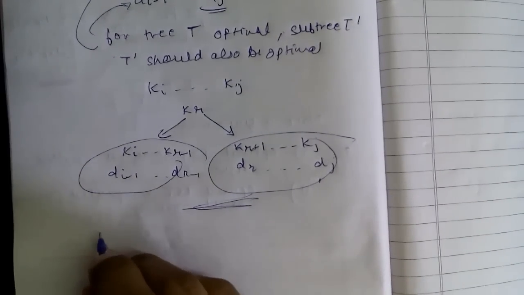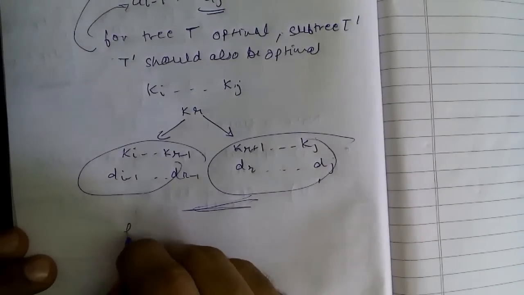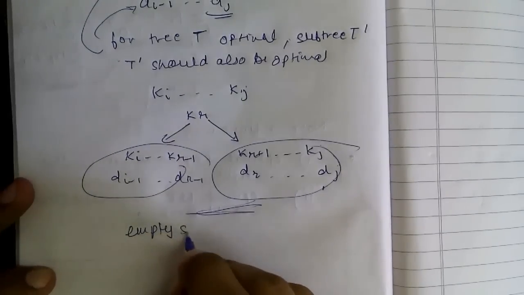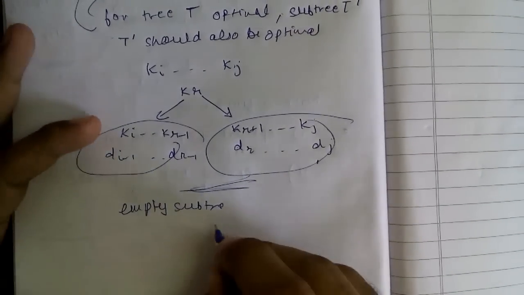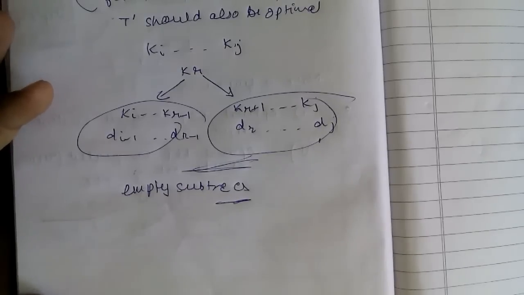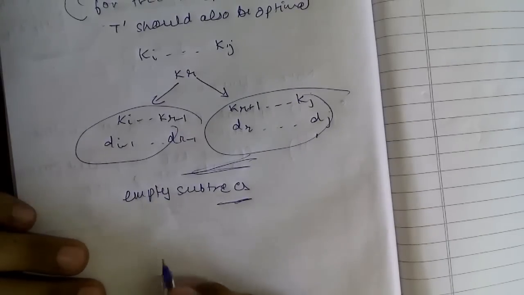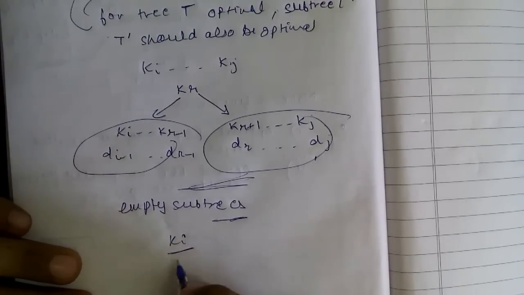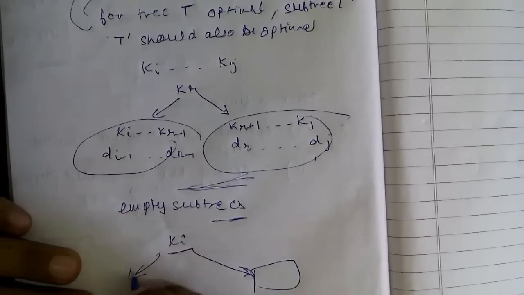Another thing to note is about empty subtrees. If we are having this ki as a root, then there is no element on this side and everything will be on this side.